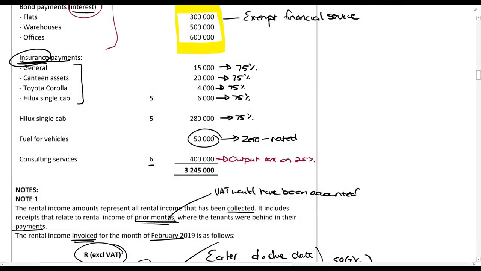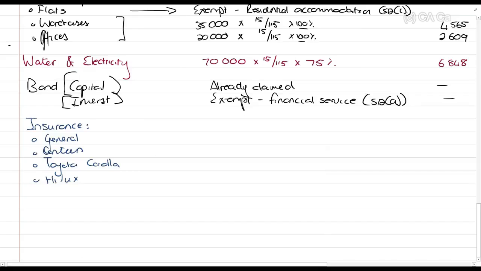Right. 15,000, 20,000, 4,000, and 6,000. So the Canteen, 15,000. Can we claim that? Yes. How much can, also General, sorry, how much can we claim with the General? We can only claim 75% because we're a 75% VAT vendor.